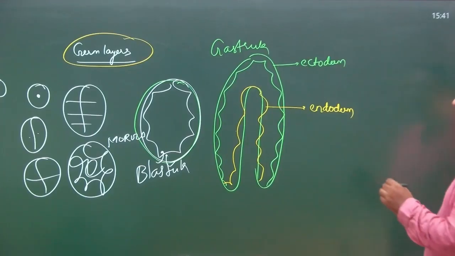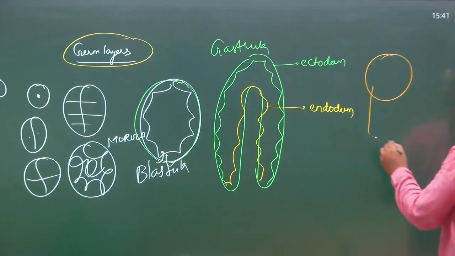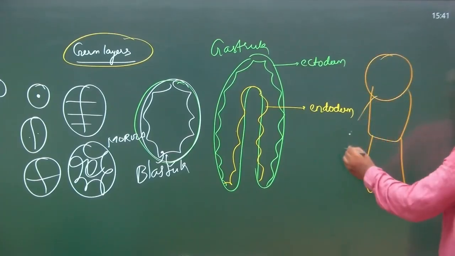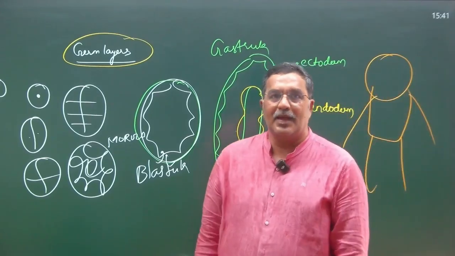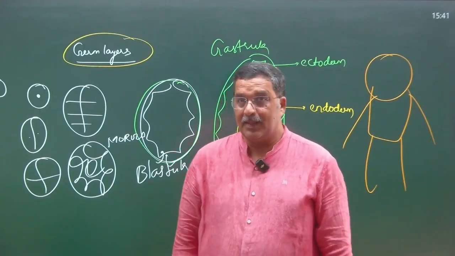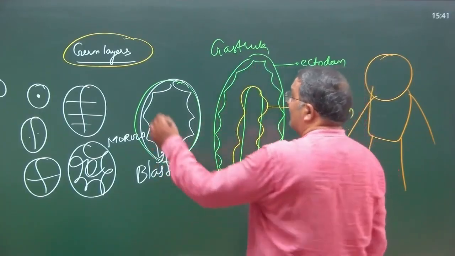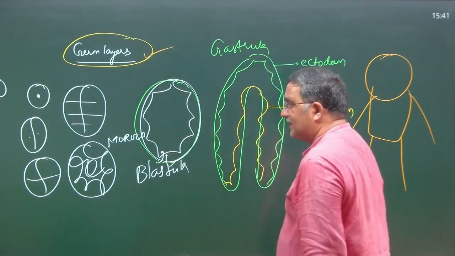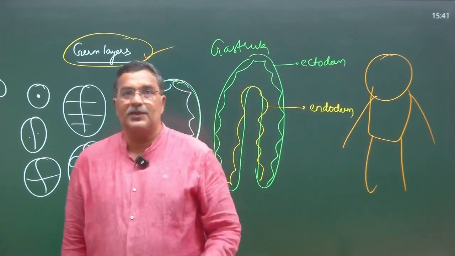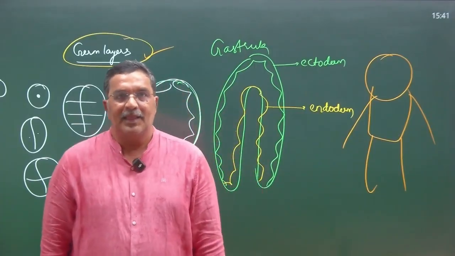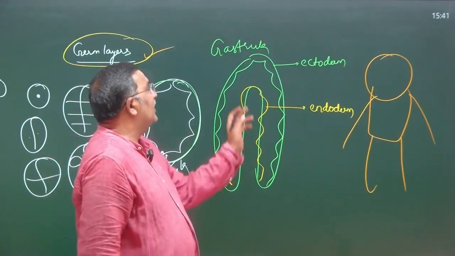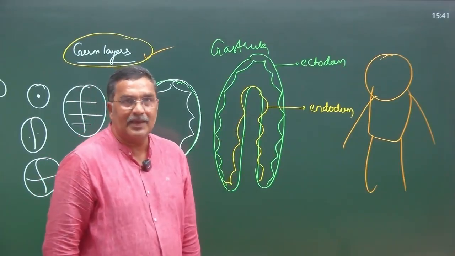During the process of development, these germ layers are only going to form the whole organism. So I think you understand what germ layers are exactly: the layers formed during embryonic development which are responsible for the formation of the whole organism, we call germ layers.